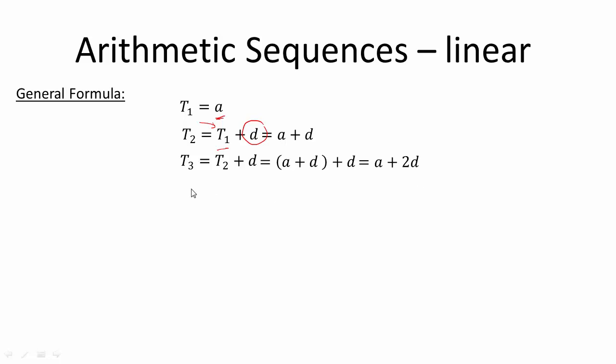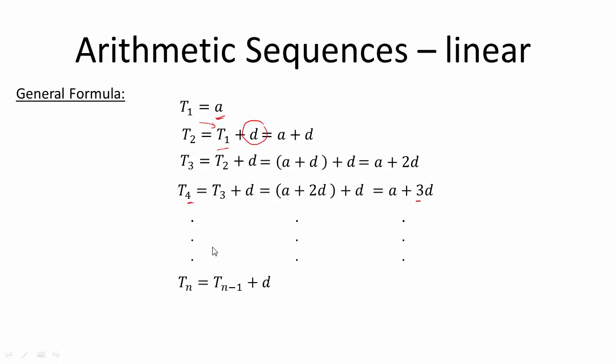Now you're going to start to find a bit of a general formula going on here. A plus D, A plus 2D, A plus 3D. And we notice that this 3 is co-aligning with 1 less than the term number. So we're going to continue doing that up to n. If we wanted to solve the nth term, and the nth can mean anything, so the last value of the series, we know that it is the equivalent of the value before it, the value n minus 1, plus a constant difference.